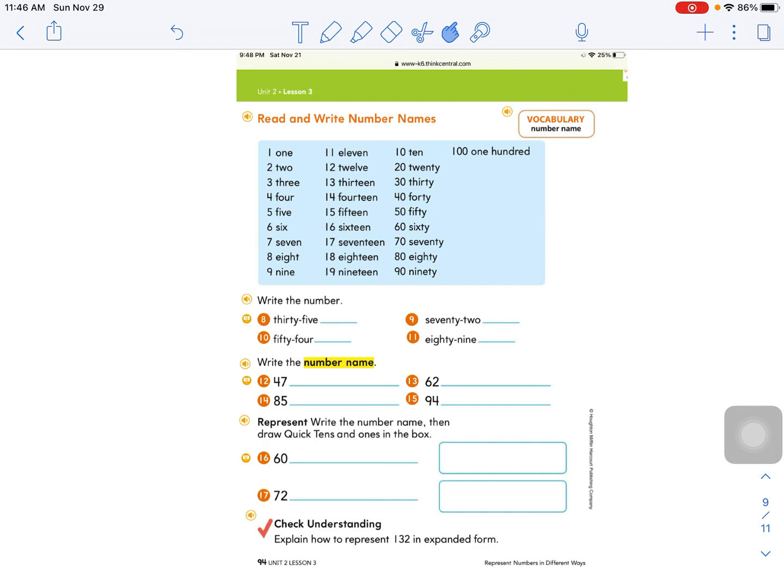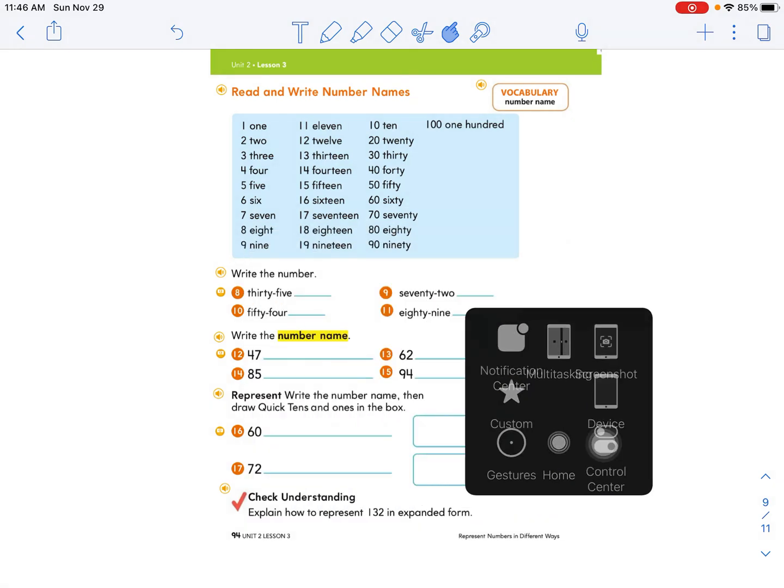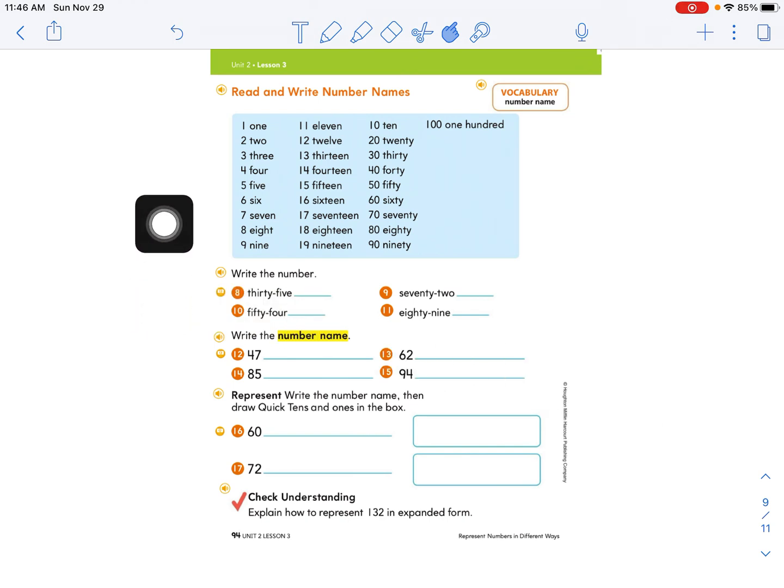The last page that we have for you today in your workbook is, you may notice that all of the numbers are written out for you just like we had before on the last screen that Mrs. Hagedorn showed you. And then the directions are going to ask you, here's all your numbers written out so you know how to spell those numbers, and then write the number.